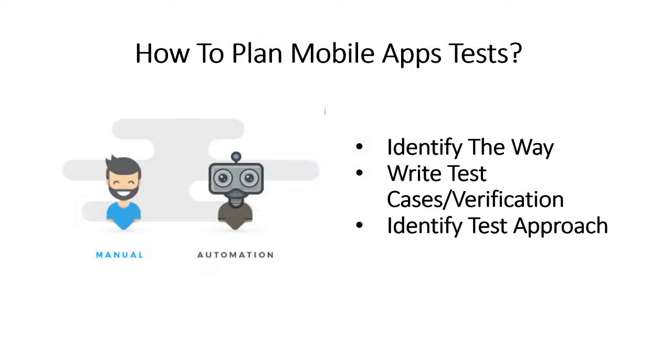Now, how do you plan your mobile app test, either manual or automation? That is what you are planning first. Once you know your testing scope and coverage, the next step is your device management or emulator, and then the next important area is to determine how to test.